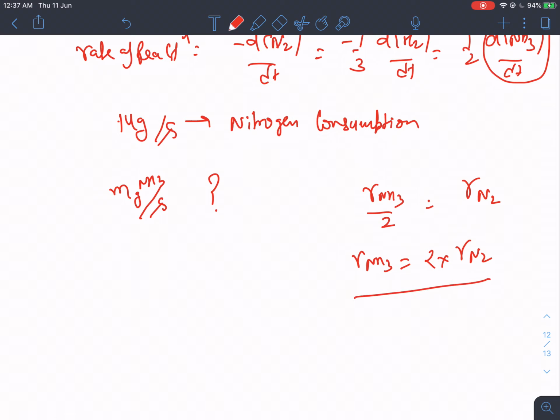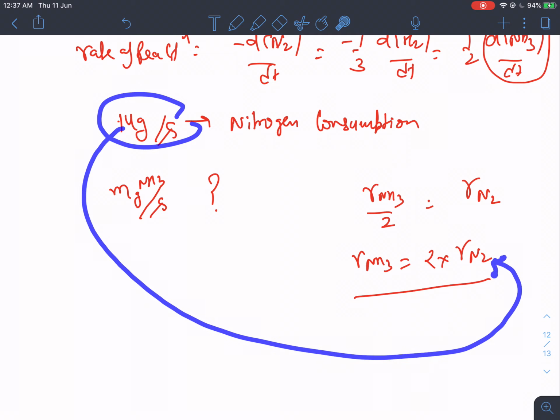Now if you substitute this here, the rate of nitrogen is given as 14 gram per second. Can we use it? The answer is yes, you can use it, but that will give you the wrong answer. And why is it so?